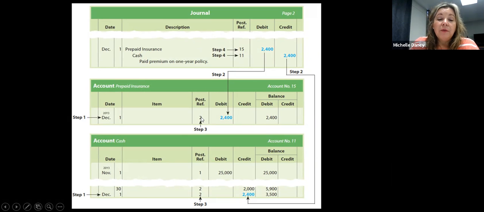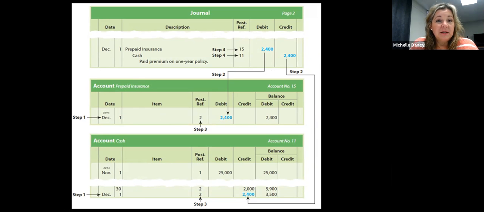My posting reference column in my ledger accounts shows what journal page this information came from. So if you look up in the top right-hand corner of your journal, it is page 2. So on this line in prepaid insurance, where I posted my $2,400, it came from journal page 2. Down here where I posted my $2,400 in cash, it came from journal page 2.